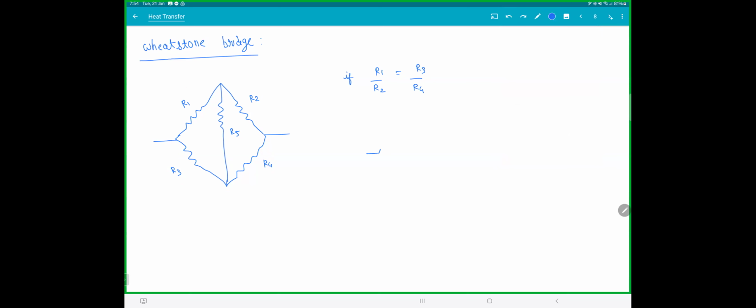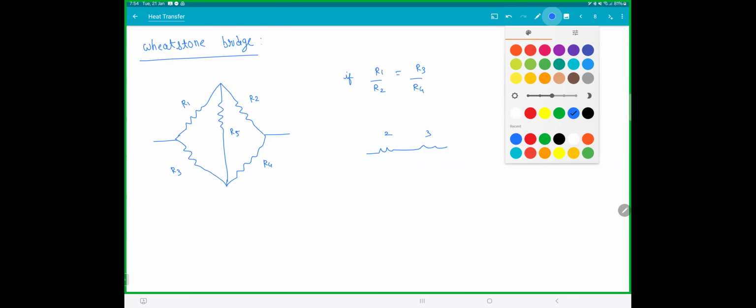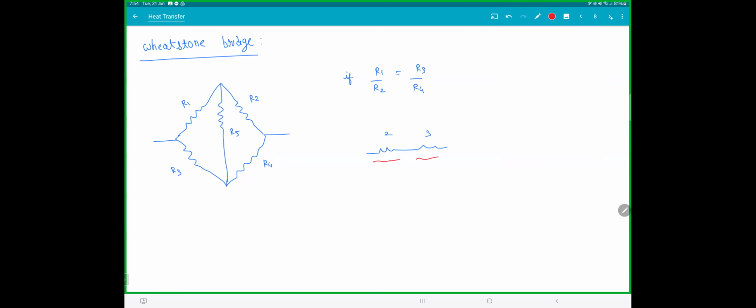Meaning, for example, if I take two resistors, let's say this is 2 and 3. What is the potential difference here? They will divide in the ratio of 2 is to 3, no? Series, right? I into R. Same way, if this is 4 and 6, the potential divides in the ratio of 4 is to 6, which is 2 is to 3 only. That means this point and this point will have the same potential.